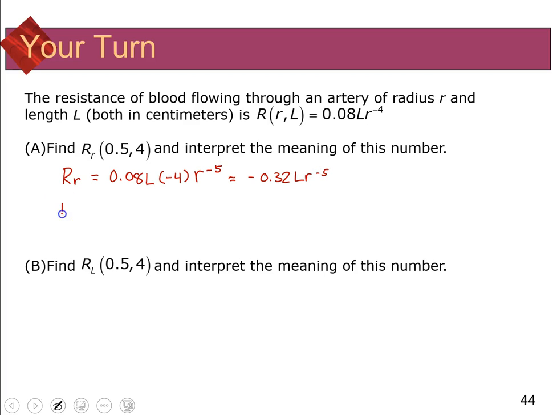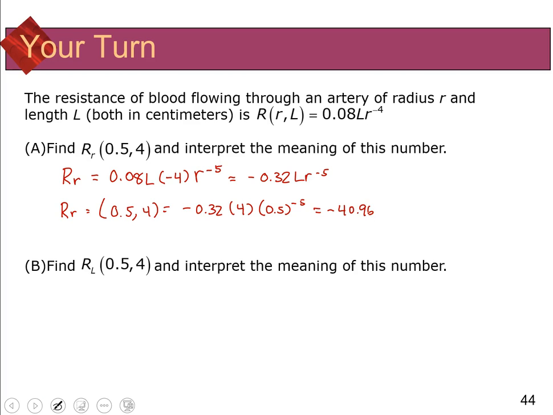So now, when I evaluate that at 0.5, comma 4, I'm going to have negative 0.32 times L, which is 4, times 0.5 to the negative 5 power. When I multiply that all together, I get negative 40.96.